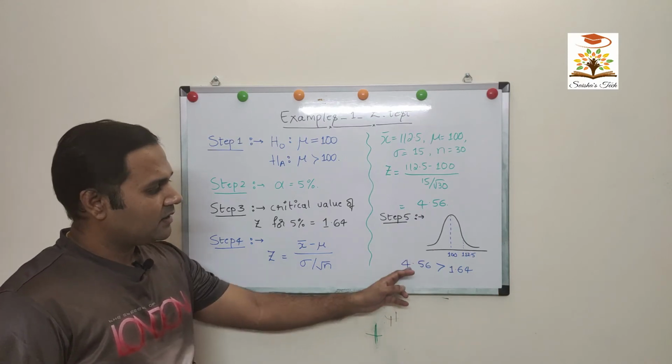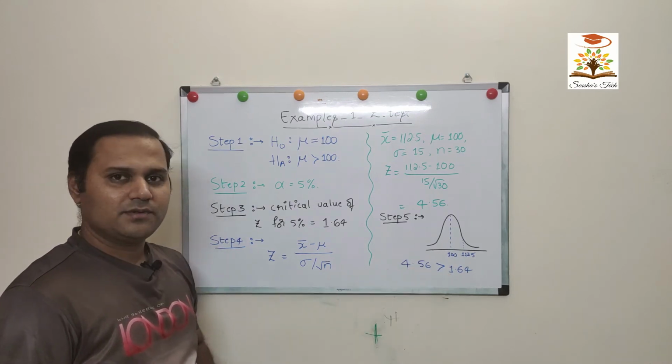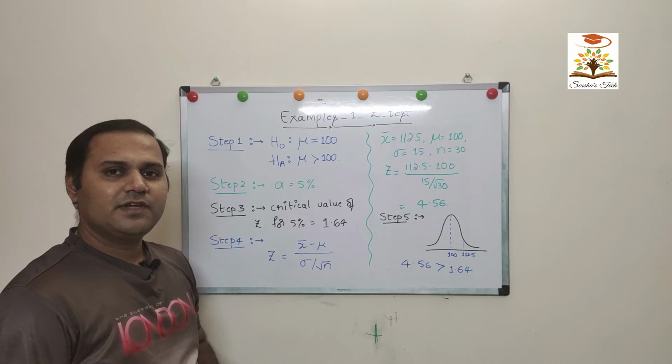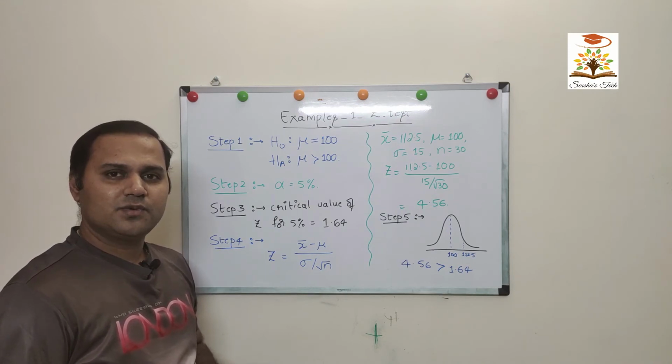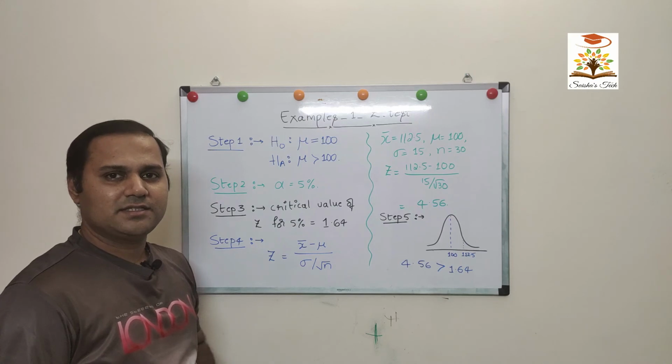Hence, the value of 4.56 is greater than 1.64, which validates that we can reject the null hypothesis. This gives us the information that the principal's claim of the students having an above average IQ score in the school is validated.